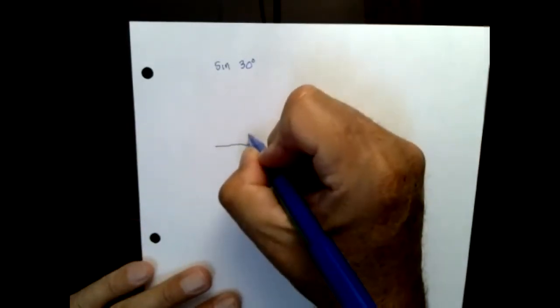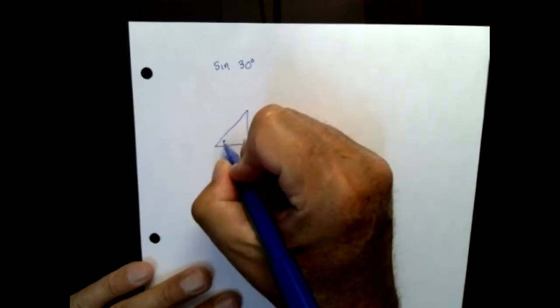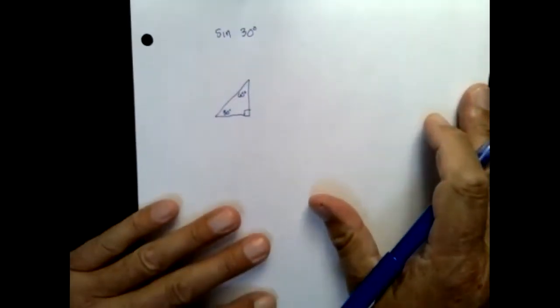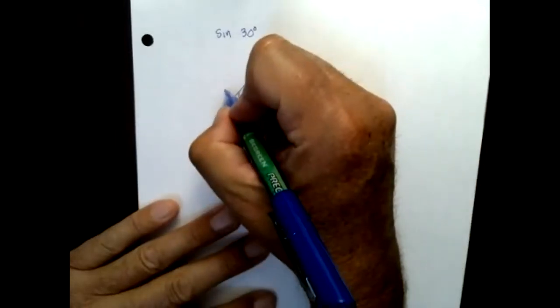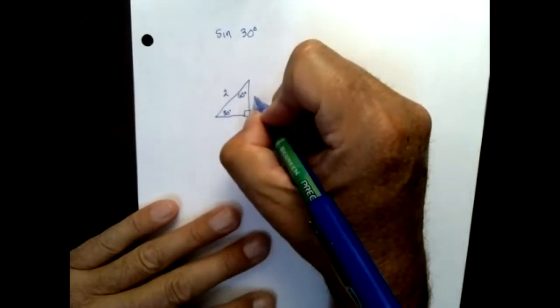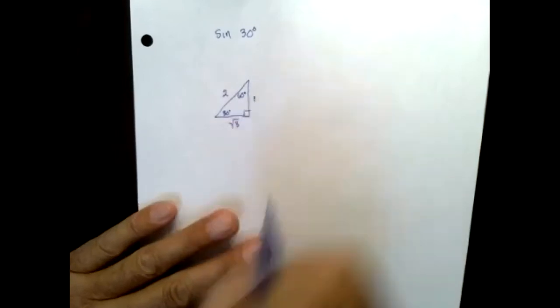So I'm going to come over here in the first quadrant and draw my 30, 60, 90 triangle. And I remember, oh yeah, this is the one that came when I cut it in half. This guy was 2, and when I cut it in half, across from 30 was 1, across from 60 was the square root of 3, and across from 90 was the 2.